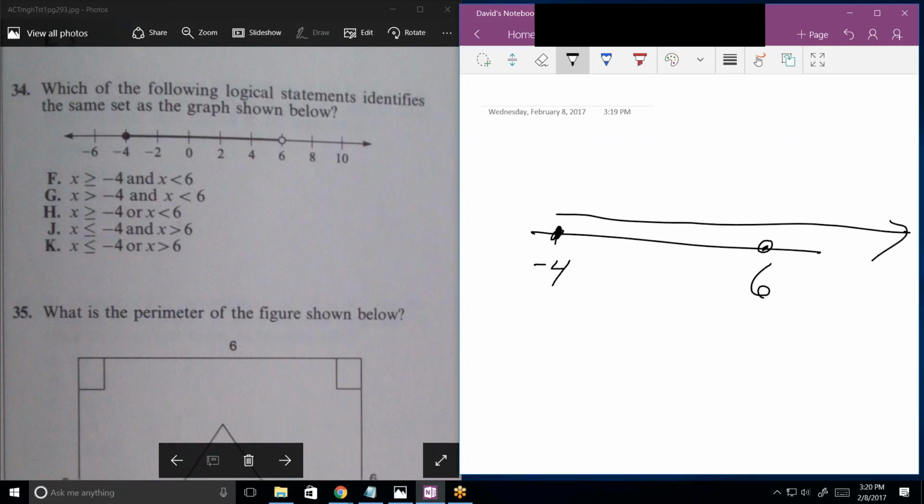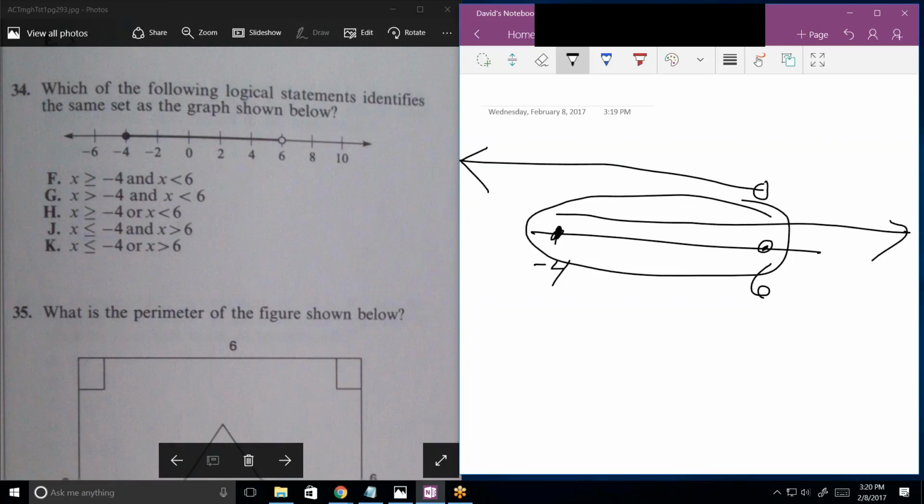Or x is less than 6, which would be that entire area. That's the difference between "and" and "or." If it's "and," both of them have to be true, and F defines this interval right here. But if it's "or," then either one can be true.